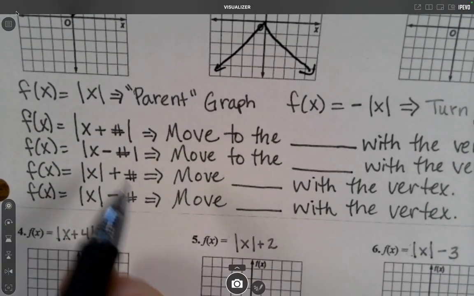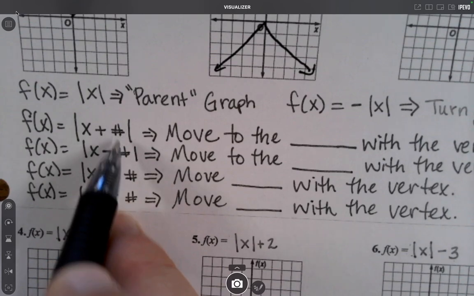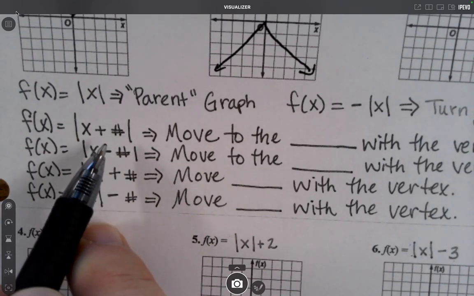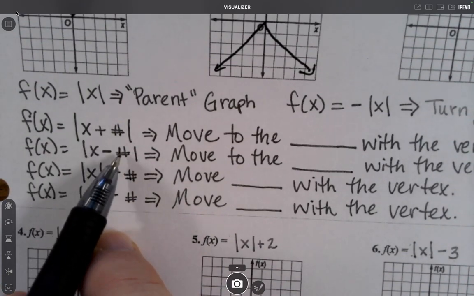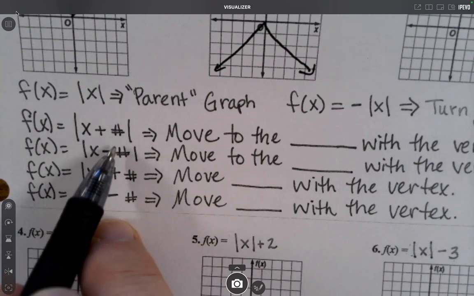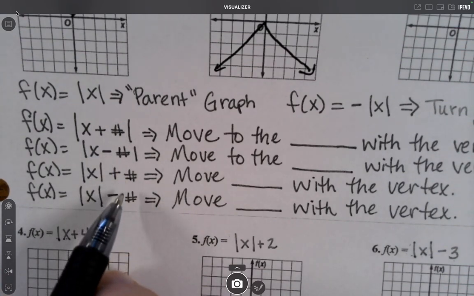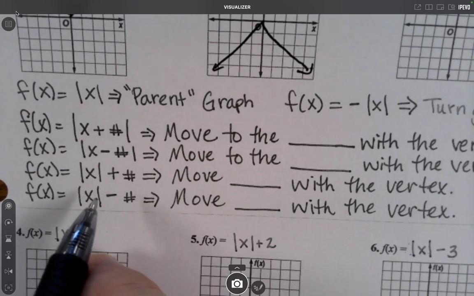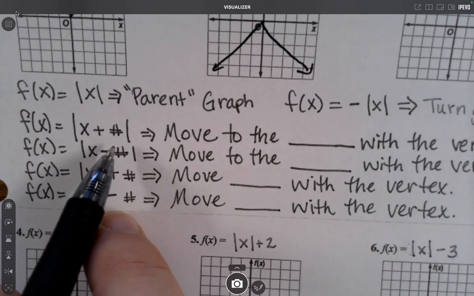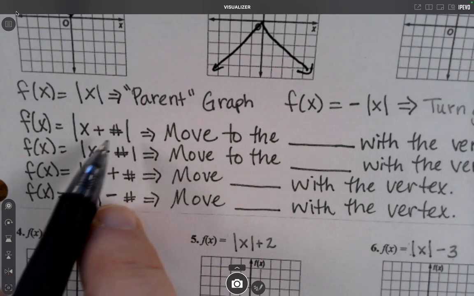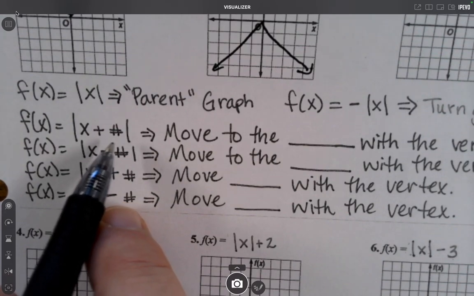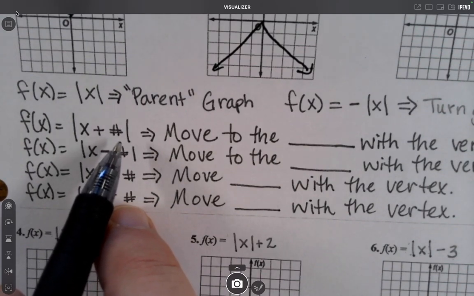Okay, now there's two ways you can add or subtract a number here. You can either add or subtract a number inside the absolute value, which is what these first two are talking about, or you can add or subtract a number that is outside the absolute value. So when there's a number being added or subtracted inside the absolute value, that's going to shift the graph horizontally.